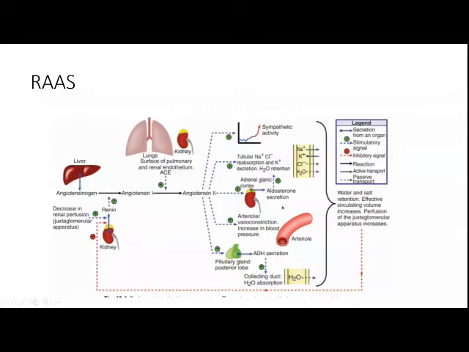It stimulates the adrenal gland, which secretes aldosterone, which acts on the distal tubule for sodium, water, and salt retention. Angiotensin 2 leads to arterial vasoconstriction and increased blood pressure, and it also acts on the pituitary gland, where ADH is secreted, which acts on the collecting duct, leading to water reabsorption.